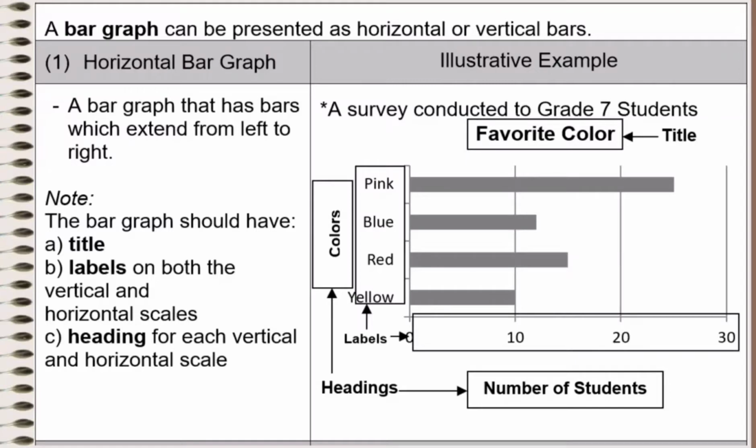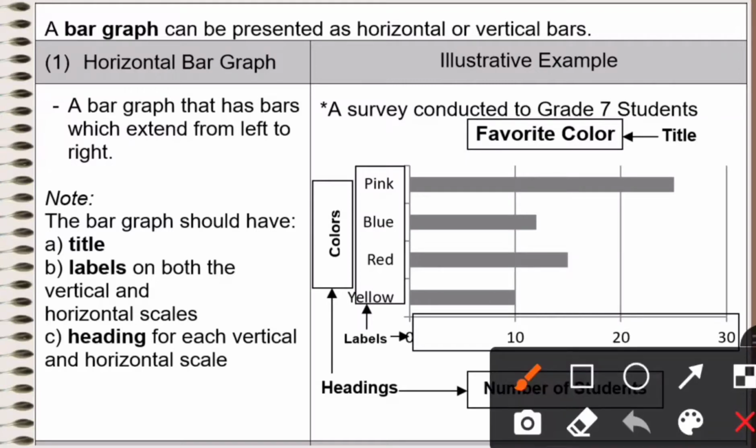Note that the bar graph should have a title, labels on both the vertical and horizontal scales, and a heading for each of the vertical and horizontal scales. So of course, we have the title.